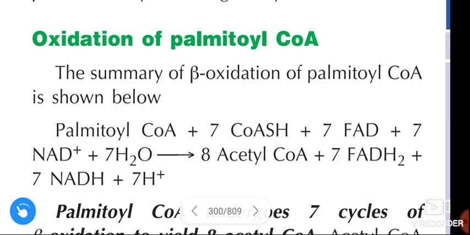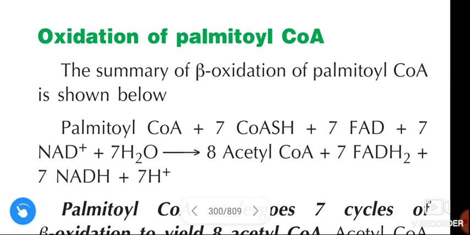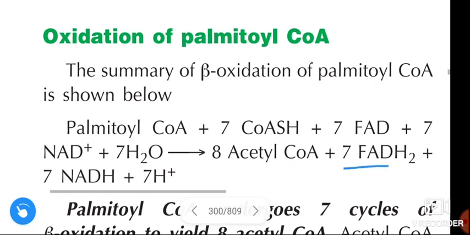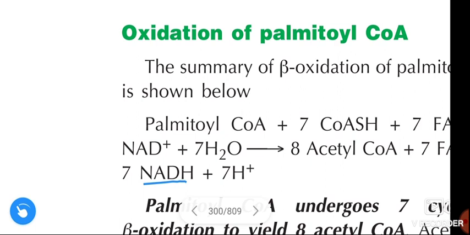For 7 cycles, multiply with 7, that is 7 FADH2 and 7 NADH are formed.